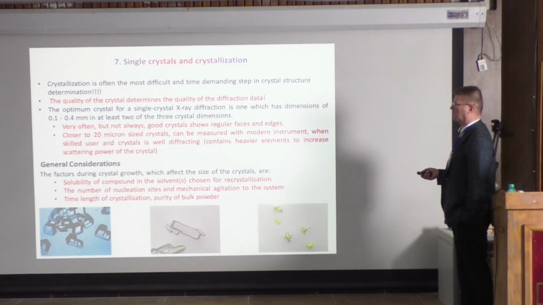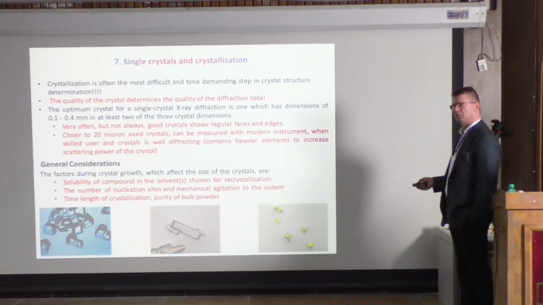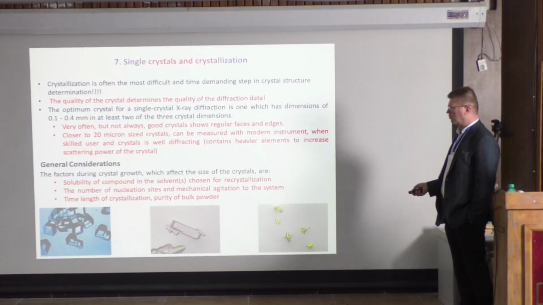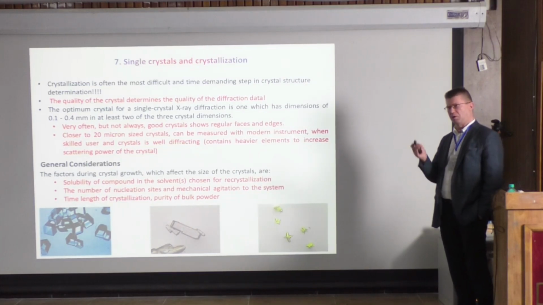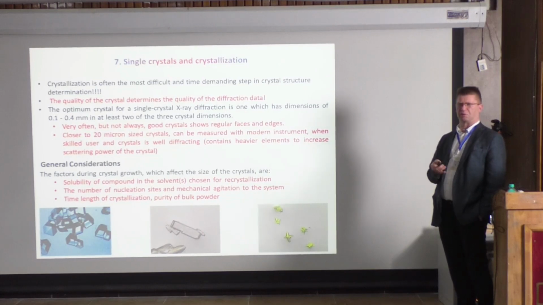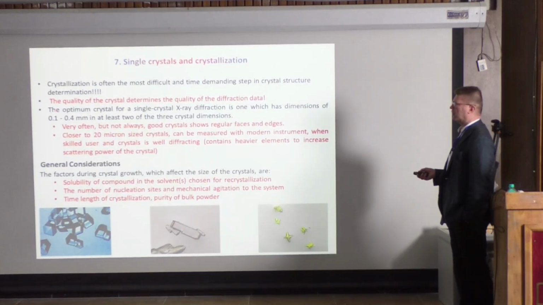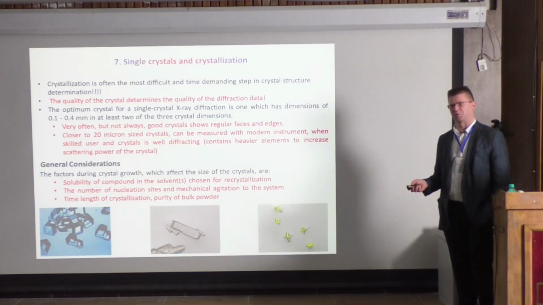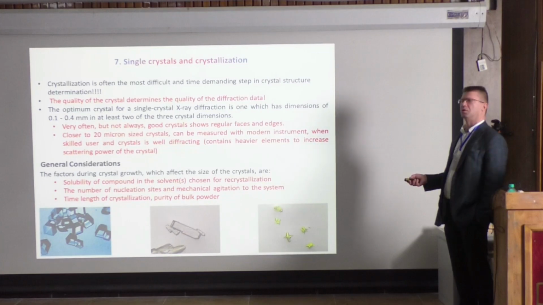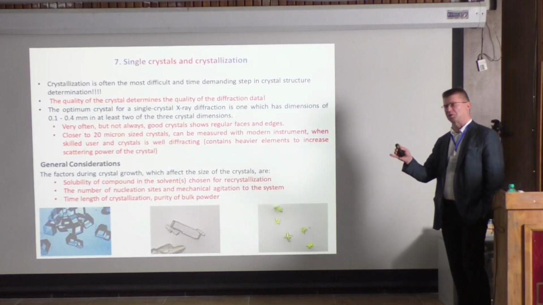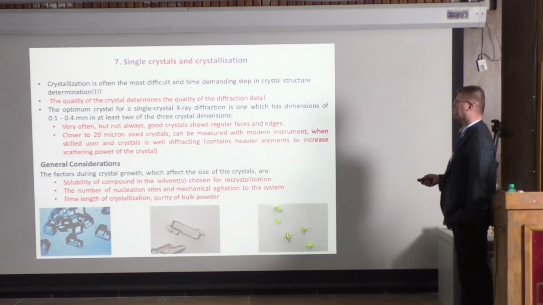If you have a too large crystal, so let's say that you have a crystal like this would be 1 millimeter, you will not be able to use this 1 millimeter crystal, but you can cut crystals. Like you cut bread or anything, you can cut crystals also. And then you get the correct size. But the point is that if they grow naturally at this size, then we are happy and we can just pick the crystals.